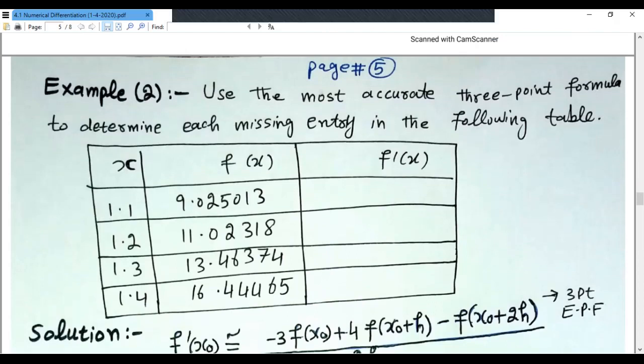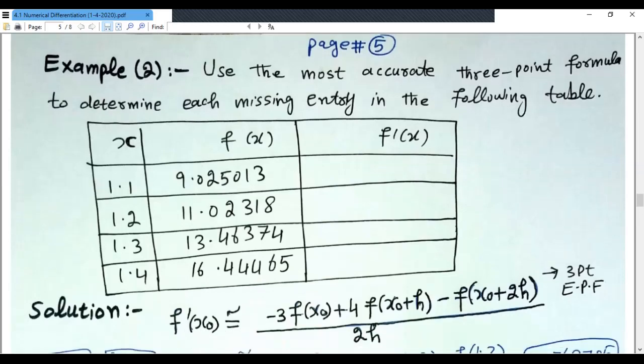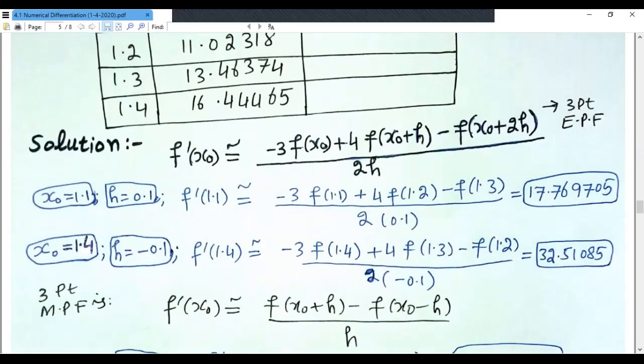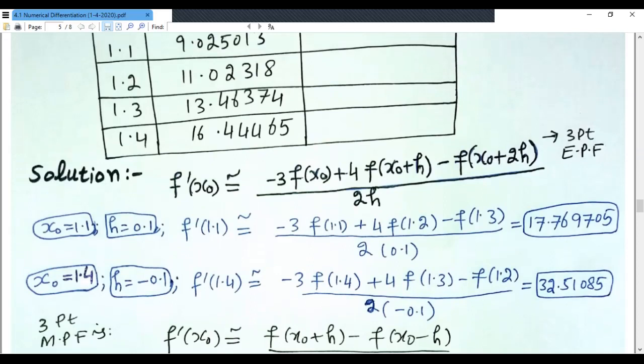Most accurate 3-point formula means we have to use all possible values of h. For example, this is the 3-point endpoint formula. According to the given data, we have 1.1, 1.2, 1.3, and 1.4.